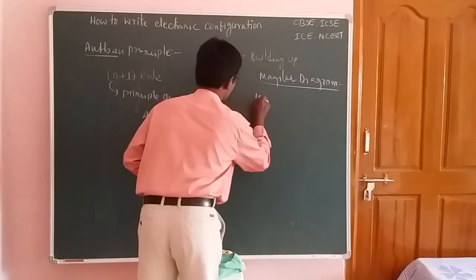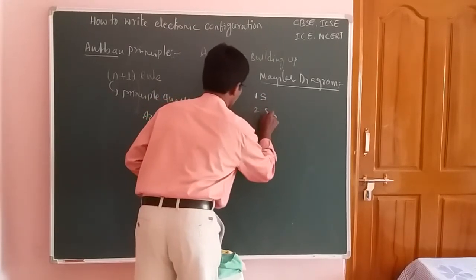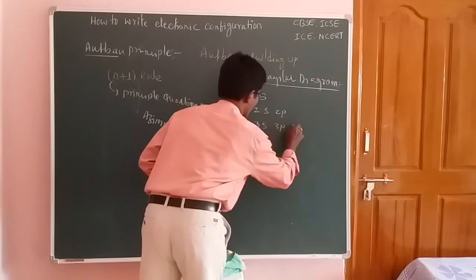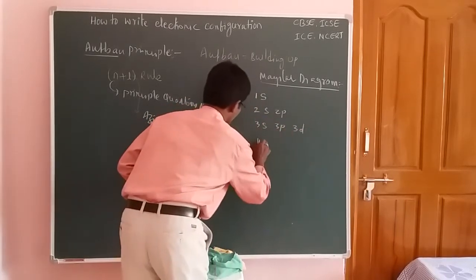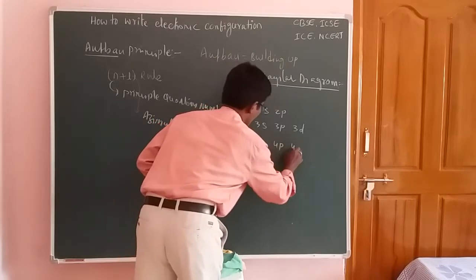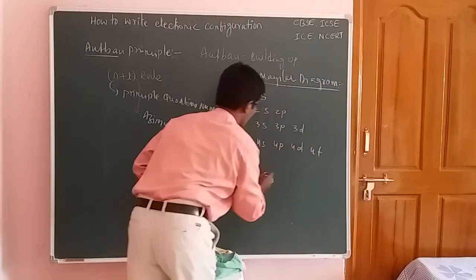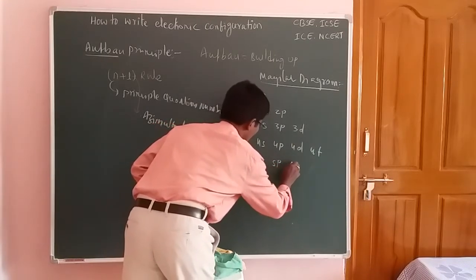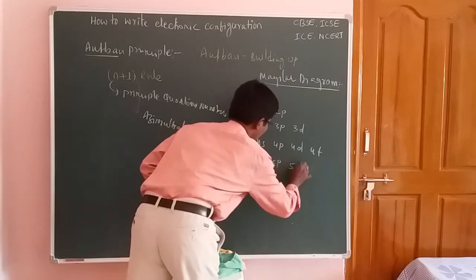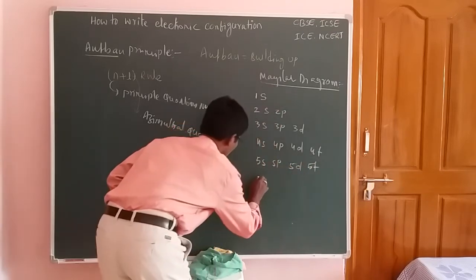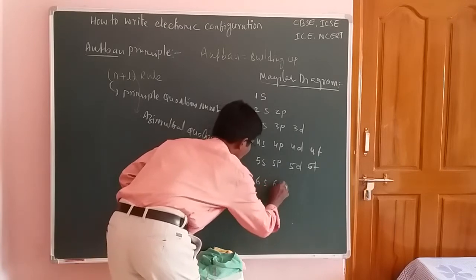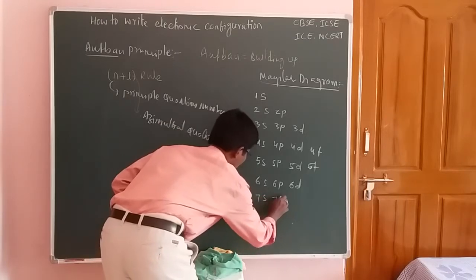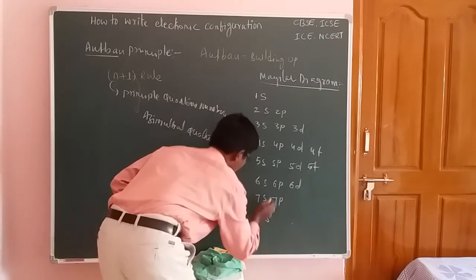First we take the 1s orbital, next 2s, and next the 2p orbital, then 3s, 3p, and 3d. Then 4s, 4p, 4d, and 4f. Then 5s, 5p, 5d, and 5f. Then 6s, 6p, 6d, and next 7s, 7p, and last 8s.